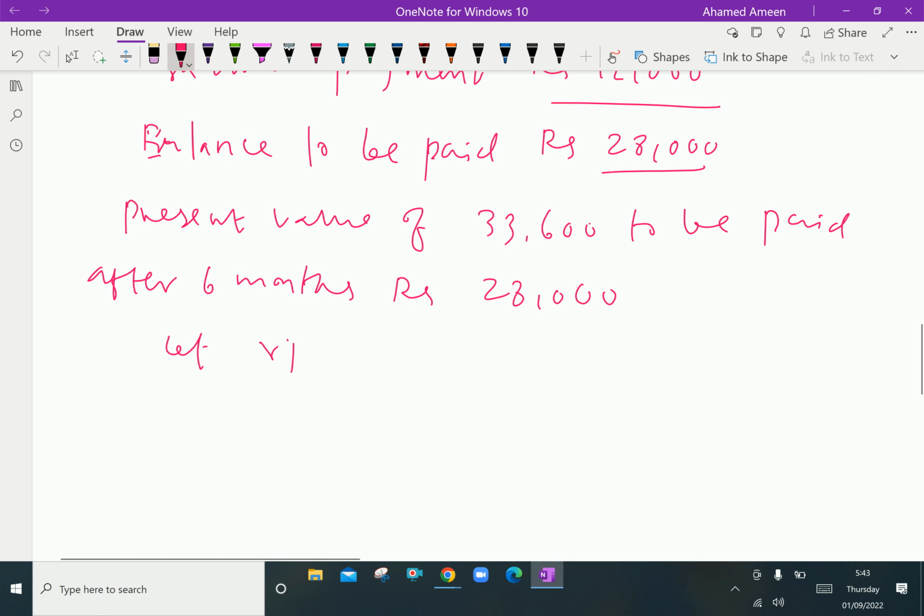Here let R percent be the rate of interest per annum to be paid by the customer.